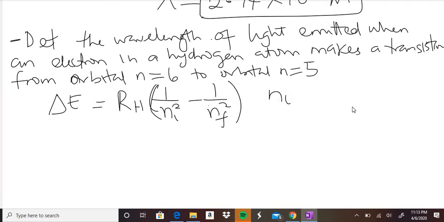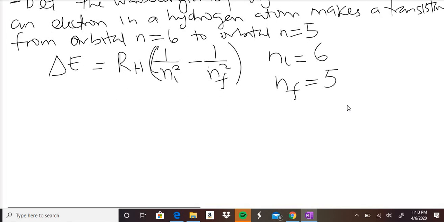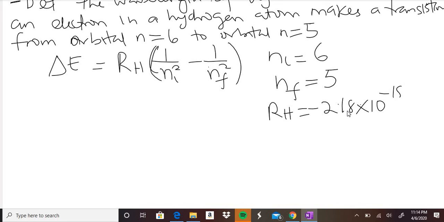Our n initial is 6 and our n final is 5. So we plug that in. Our RH is negative 2.18 times 10 to the negative 18 joules.